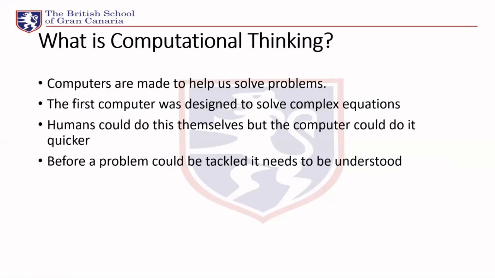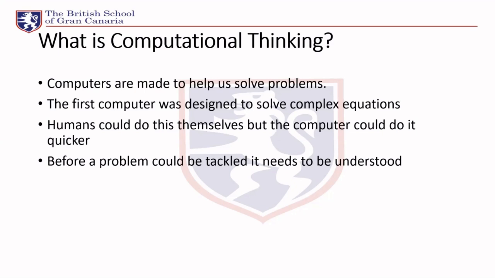So, once again, what is computational thinking? And hopefully you know this, or if you don't know it, it's becoming clearer. Computers are made to help us solve problems. As I've discussed in other lessons, the first computer was designed to solve equations that may have taken hours or days for brilliant mathematicians.